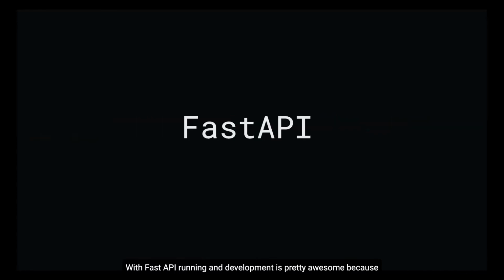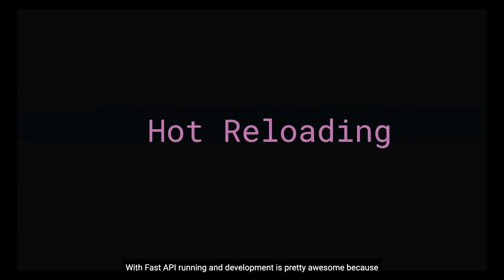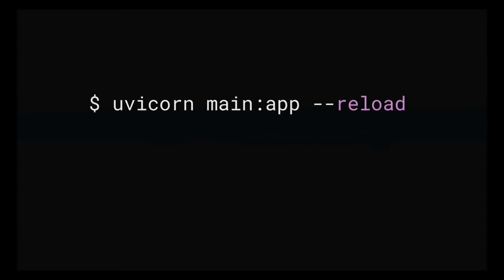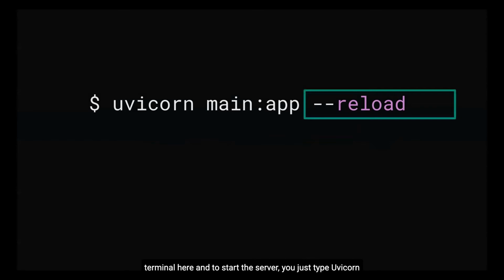With FastAPI, running a development server is pretty awesome because FastAPI uses something called hot reloading. And hot reloading keeps the app running when you're making code changes, right? So you don't have to keep restarting the development server. And all you have to do is pass in the reload flag in the terminal here.